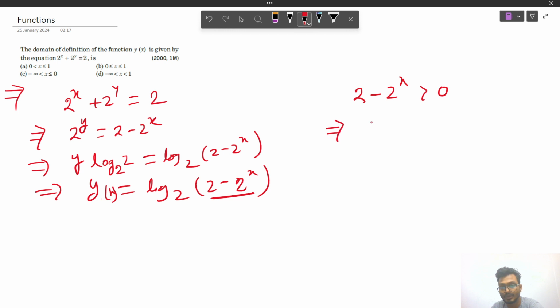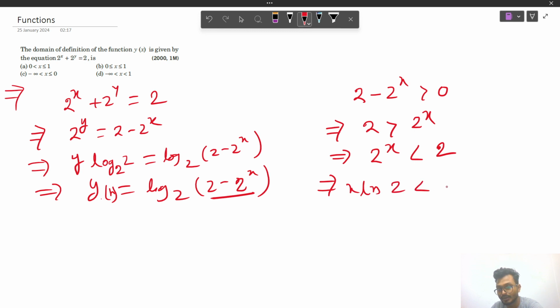So 2 is greater than 2 to the power x, that implies 2 to the power x is less than 2. Now if we take log on both sides, we get x ln 2 less than ln 2, taking log base 2, which gives x less than 1.